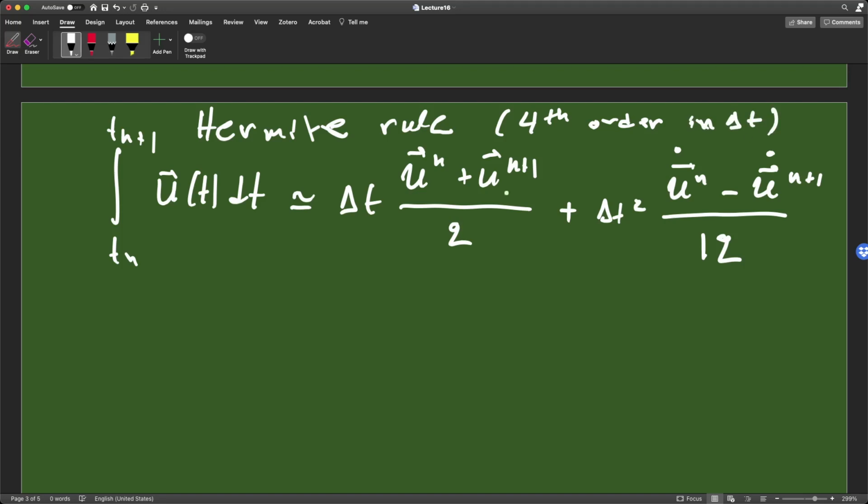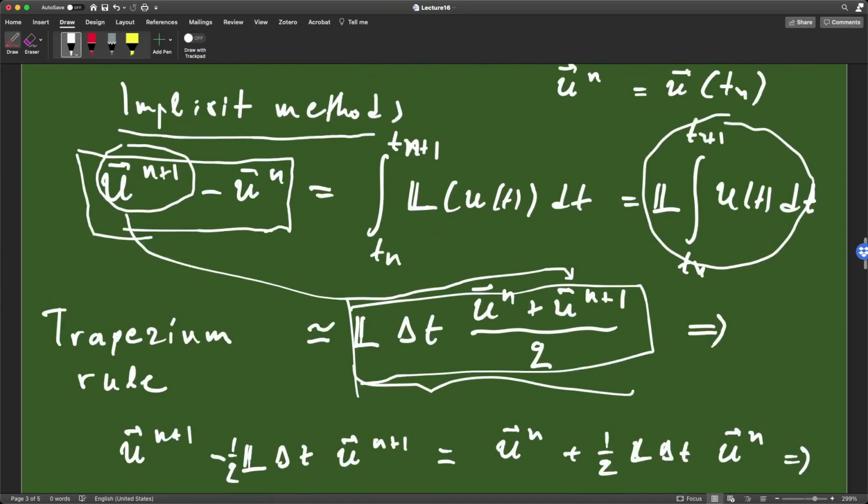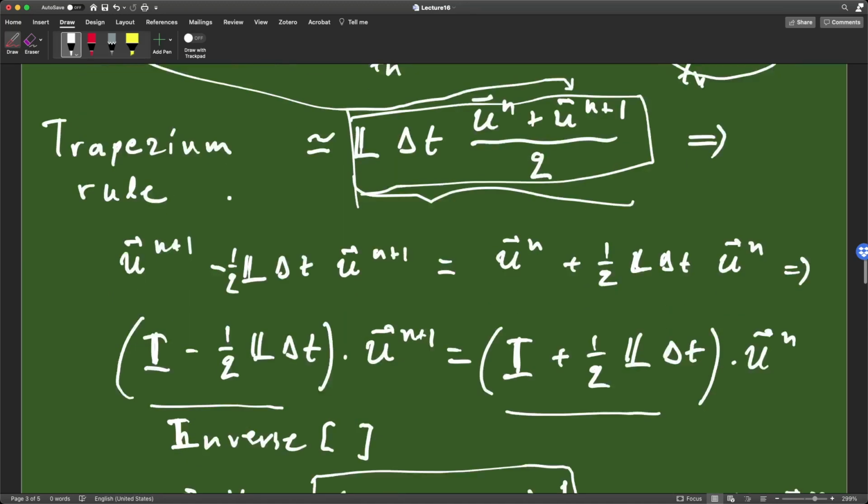Now, if we use this approximation here, we're going to have the matrix L multiplying this expression, and then that will be equal to this. So let's write this down.